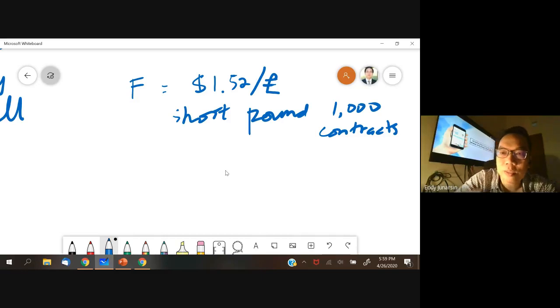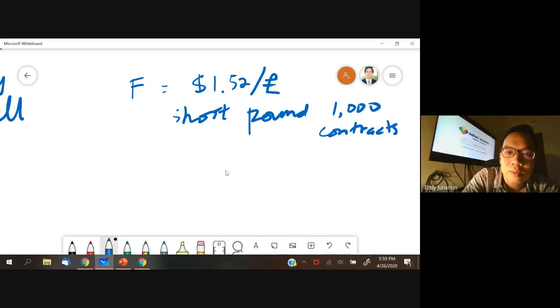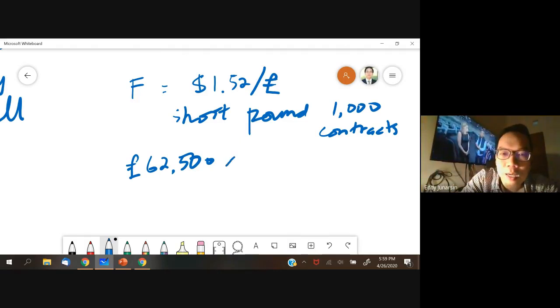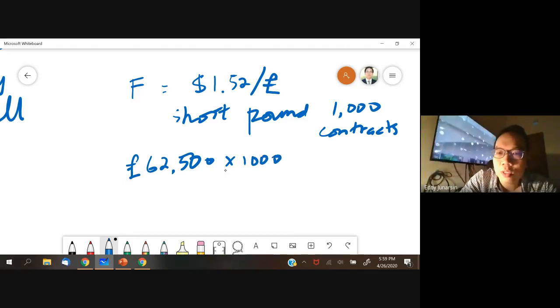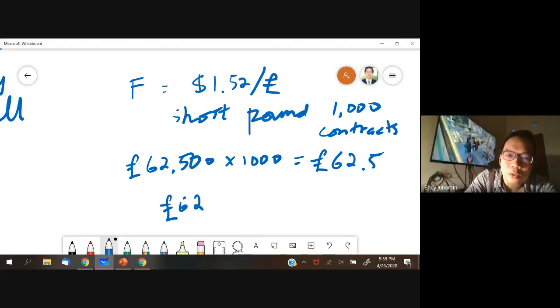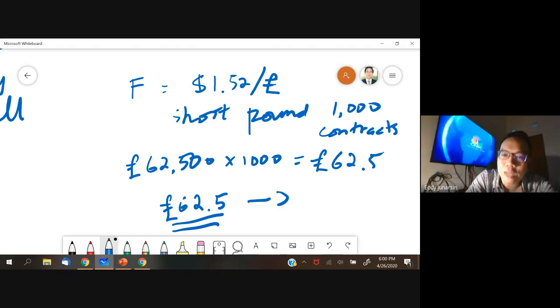The size of the contract is 62,500 times 1,000 contracts that you made. So this is 62.5 million, right? Exactly the amount that we wanted. So you sell 62.5 million, and then how much will you get at 152?